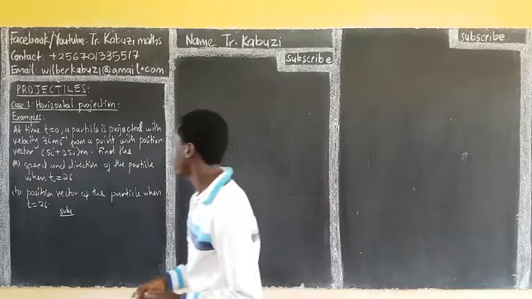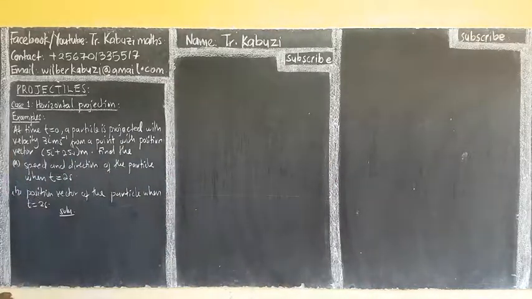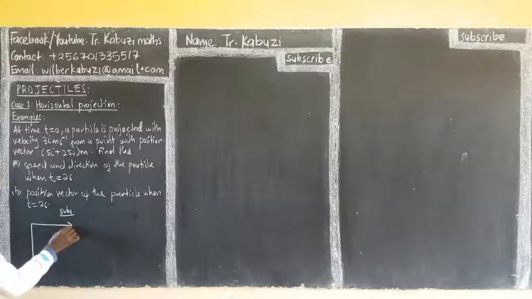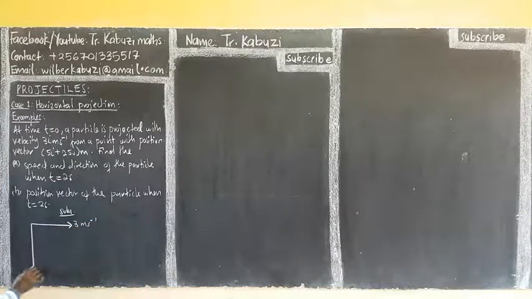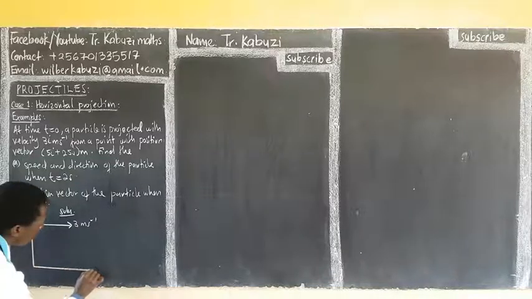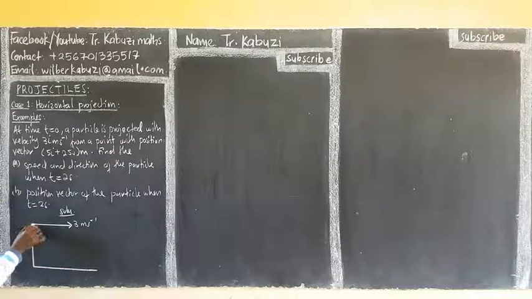Now from there, what do we have? So you can draw a simple sketch here. That is where the particle is going to have this speed of 3 meters per second. Then this is going to be our floor, so it's going to be falling, of course, like that.